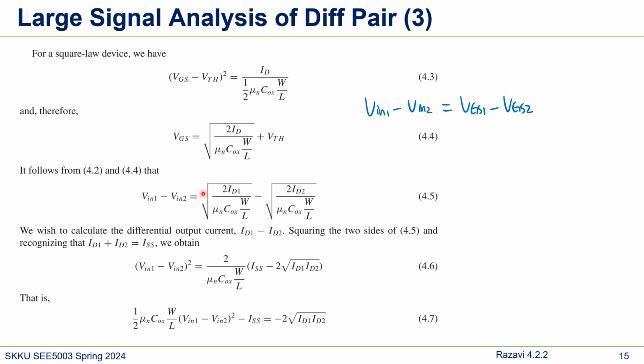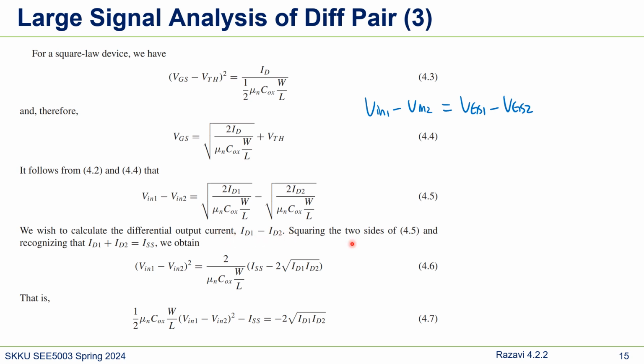So by using that, we got this. The VTH will be removed, assuming that they are in perfect match. There's no mismatch. Then we got this equation. And as we said, our target is to calculate the differential output current ID1 minus ID2, right?